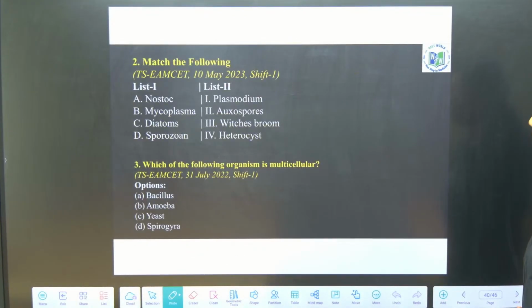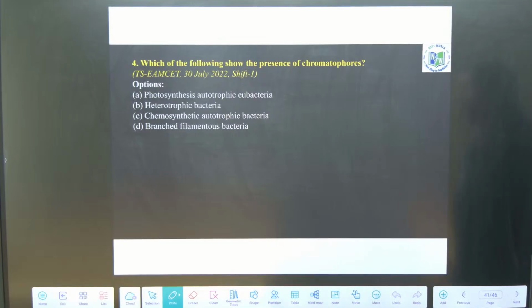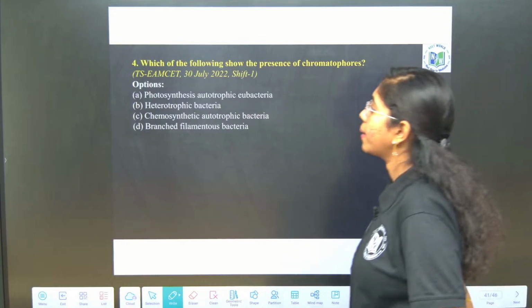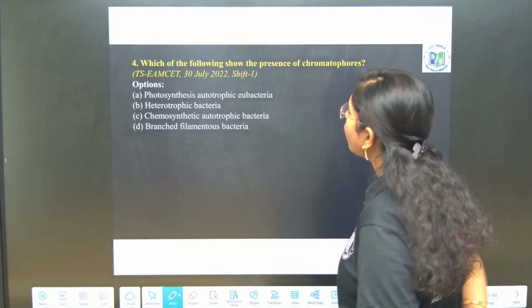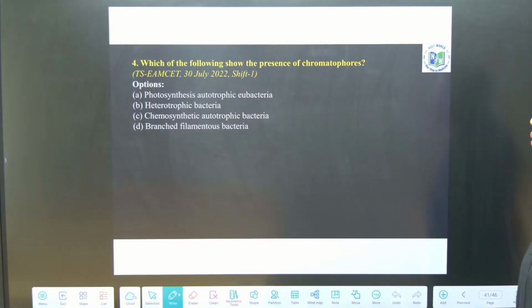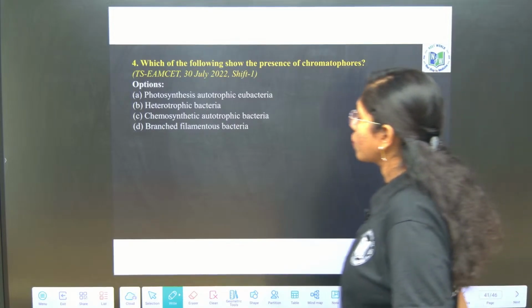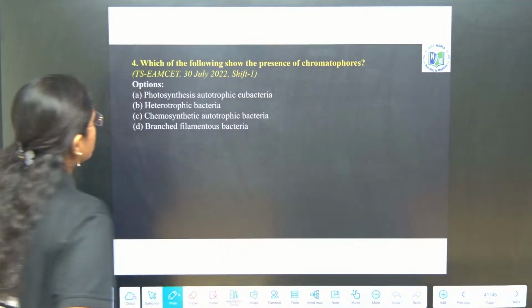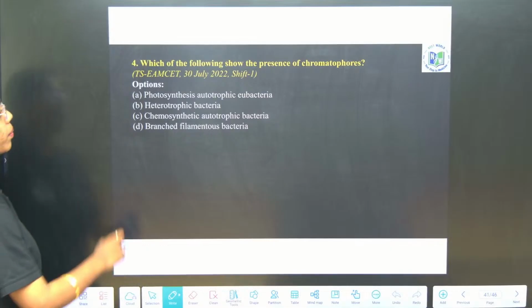Next question. Yeah, this you can answer. Just now we have discussed cyanobacteria. Which of the following shows the presence of chromatophores? Is it a heterotrophic bacteria?